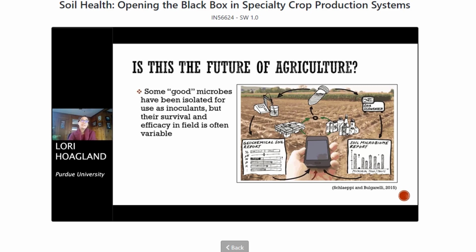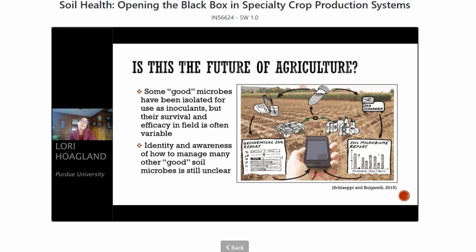So while there have been some good microbes that have been isolated and are now being developed for use as inoculants, which we'll talk more about later, the survival and efficacy in the field is often variable for reasons that we're still trying to figure out. Then the rest, the identity and awareness of many of these other good microbes in soil, is still unclear.